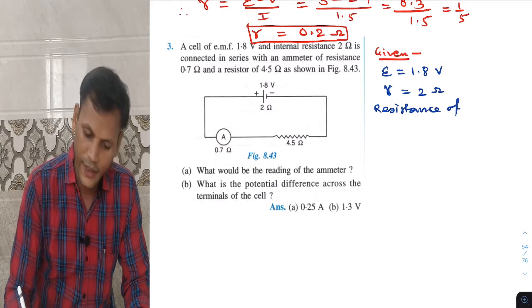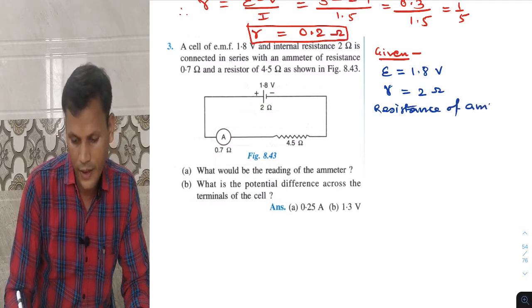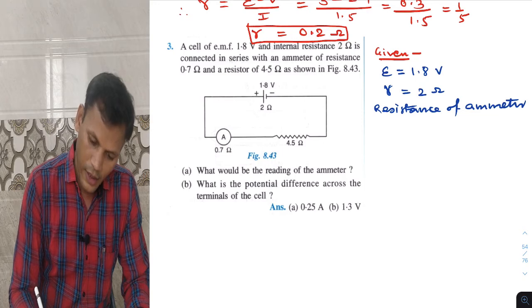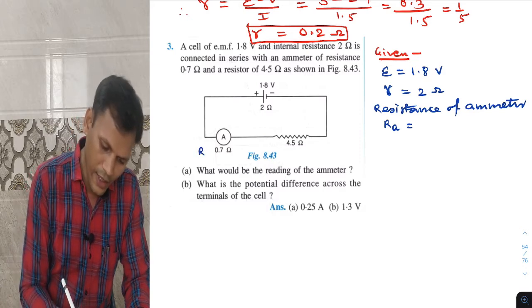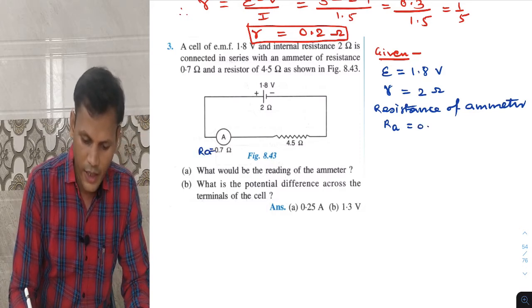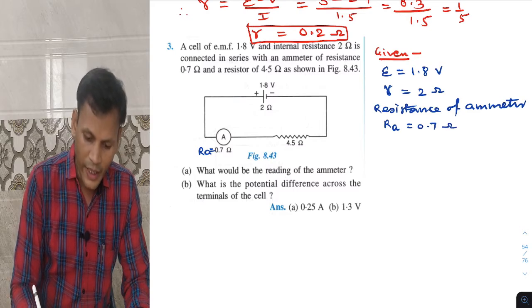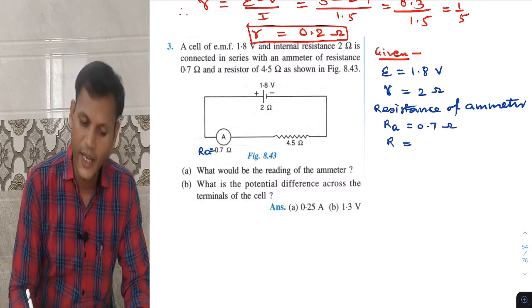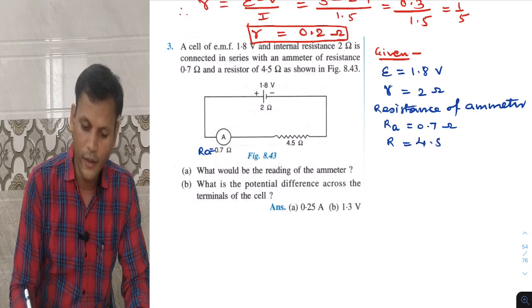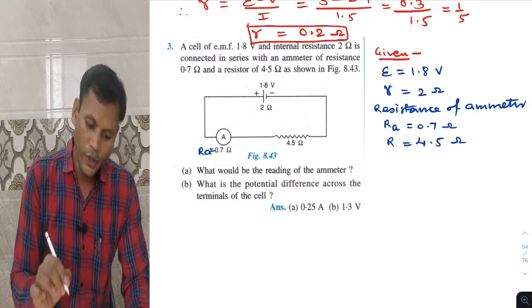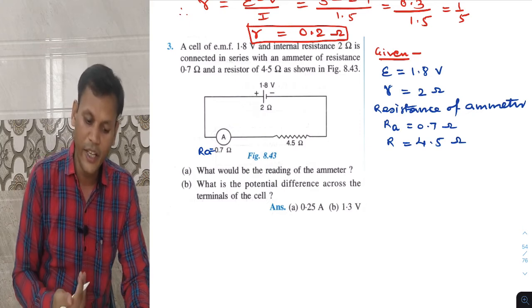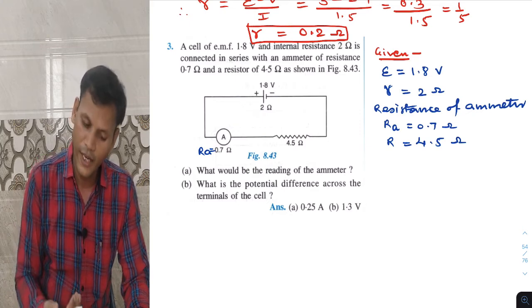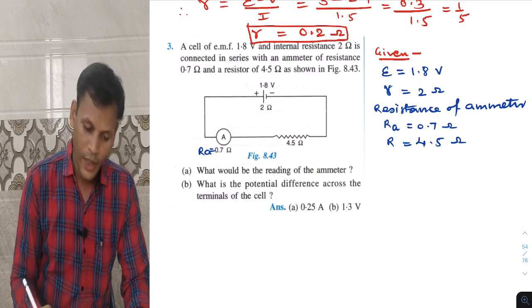The resistance of the ammeter, I will write R A, is equal to 0.7 ohm. External resistance capital R is 4.5 ohm. So what would be the reading of the ammeter? That means what current the ammeter will read, that we have to find out. Okay, so let us see.